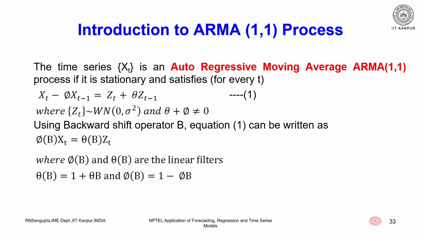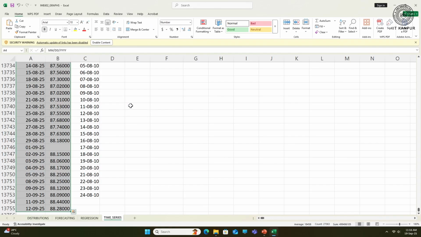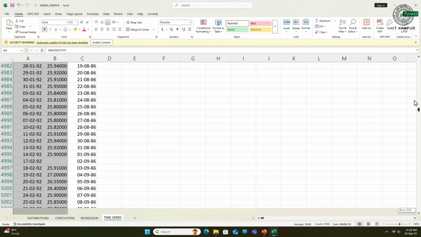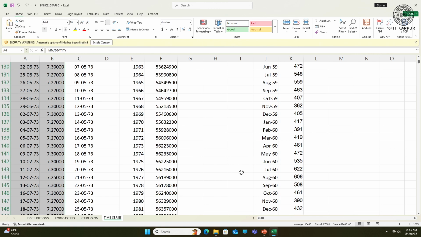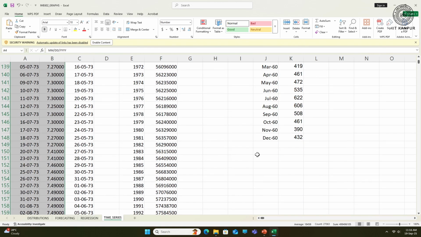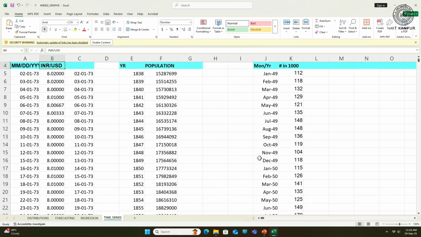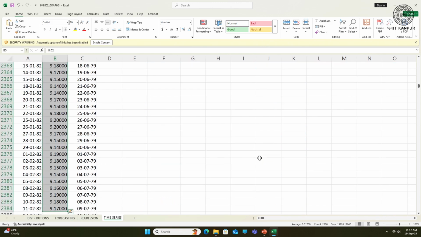And let me go back to the slide. So, if I consider this, for example, a time series, I am taking a small sample set.